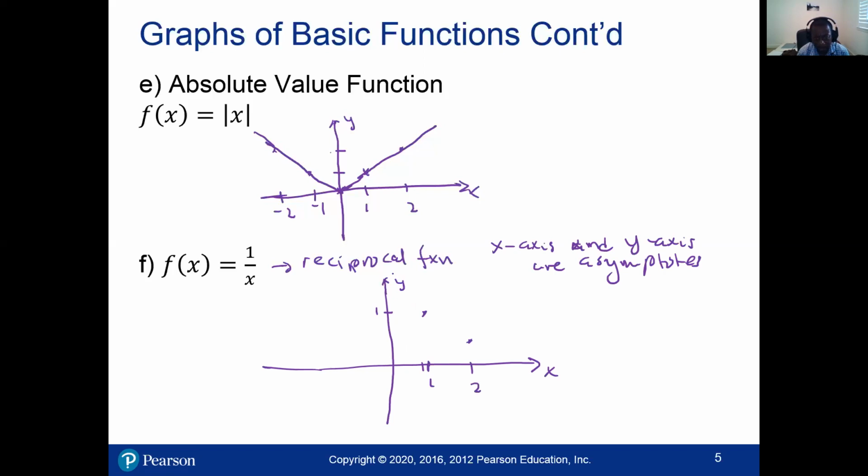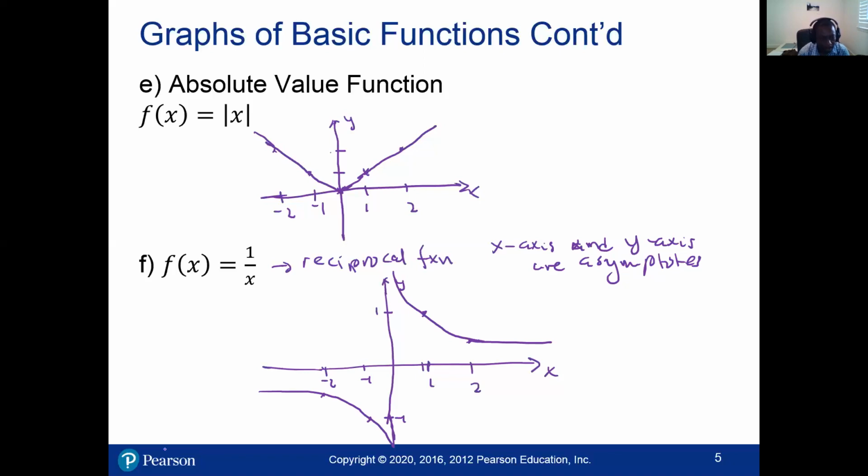So this graph goes like this. And on this side, if you have -1 and then -2, you still have -1 and -1/2. So this is 1, and half of that is that. So this is going like this. It does not touch the y-axis, so it goes down.